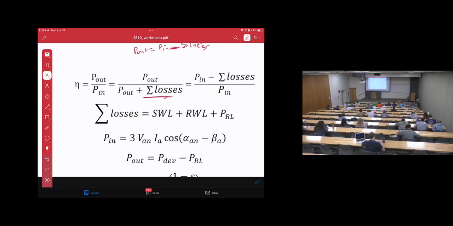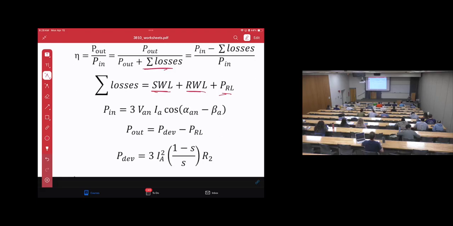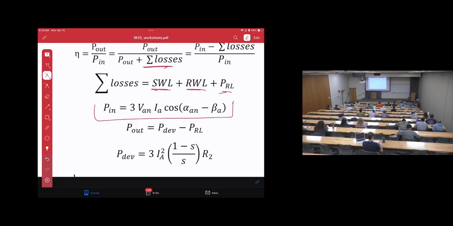Now again, the losses are the sum of stator winding plus rotor winding plus rotational losses. Pin is very similar to what we know in the synchronous, because the induction stator is the same as the synchronous stator. So it will be 3 VAN IA cosine of alpha minus beta. We know this one. And again, 3 because it's three-phase.